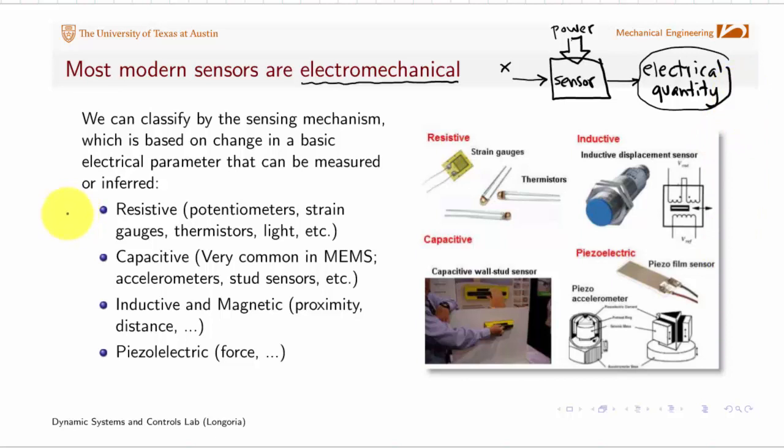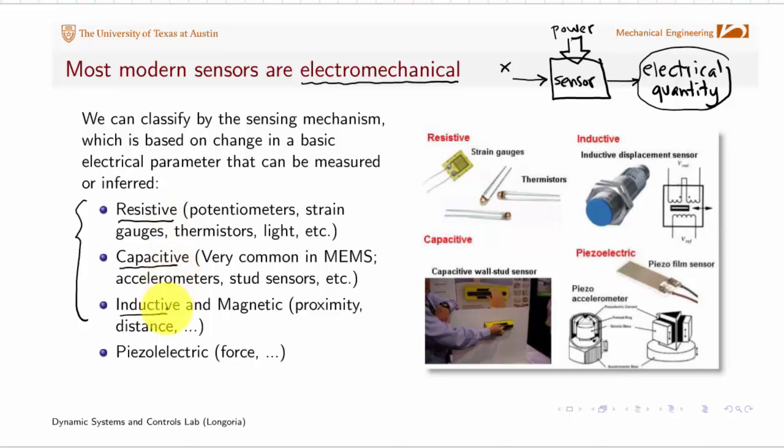We like to classify sensors according to at least these three or four different types, but in particular pay attention to the fact that most sensors are resistive, capacitive, or inductive, which means that depending on what physical quantity you're trying to measure, they cause changes in, say, in the resistive sensor, resistance that you can then detect.